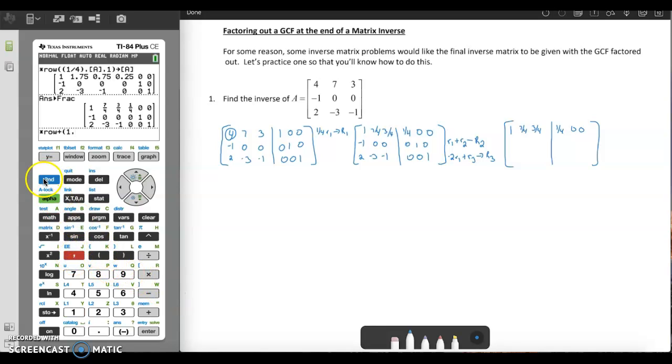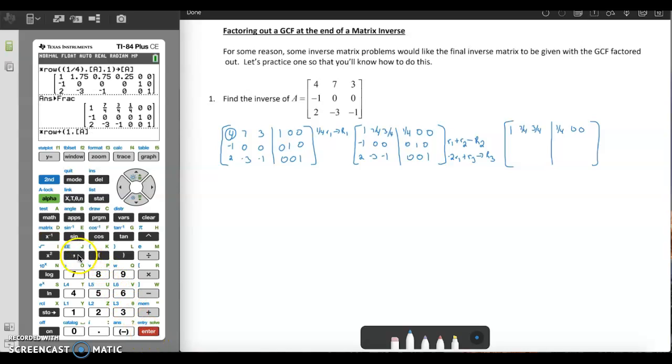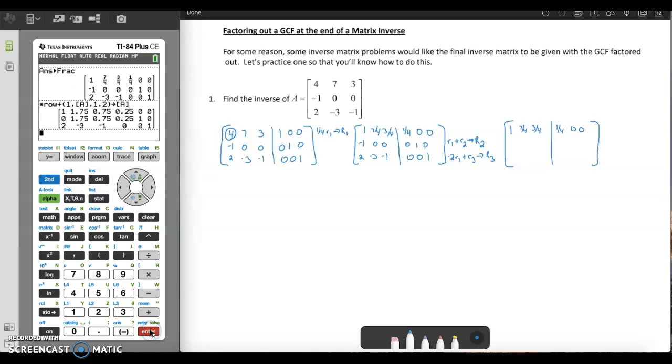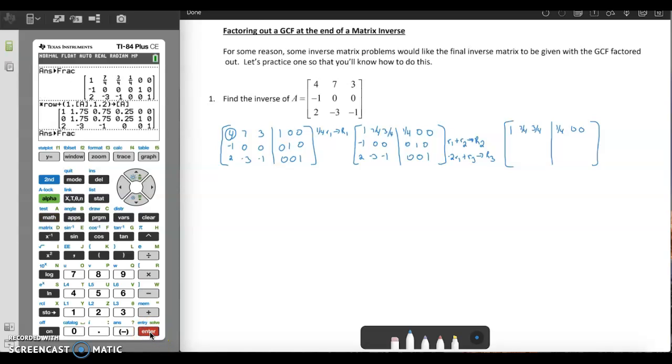We're doing this in matrix A. We're doing it to row 1 in order to change, so that looks like a subtraction, in order to change row 2. So we put 1 and then 2, close it up, store it back in matrix A, and then I'm going to do a math fraction to look at that in its fraction form.